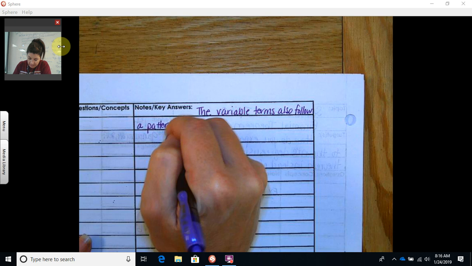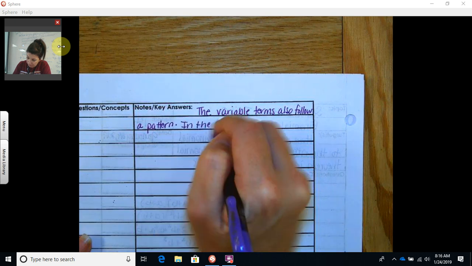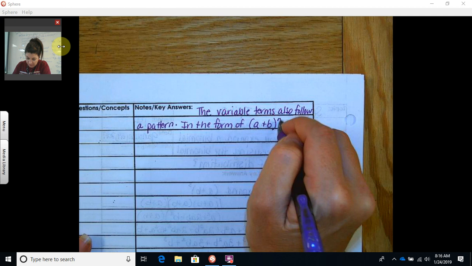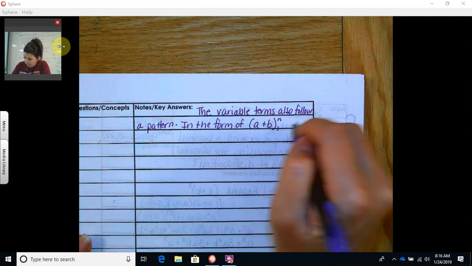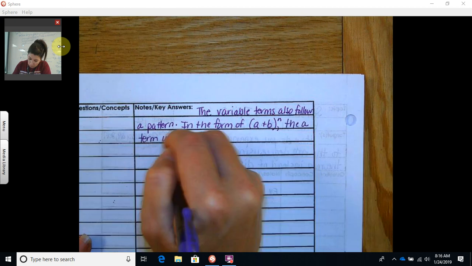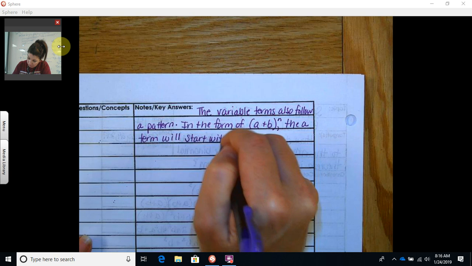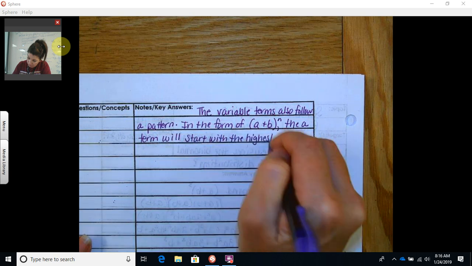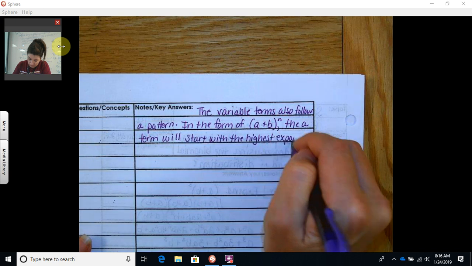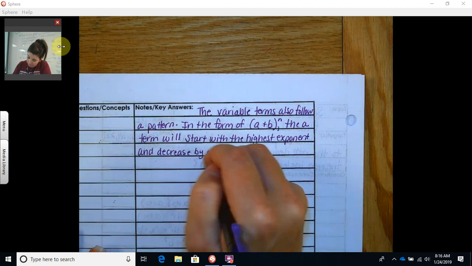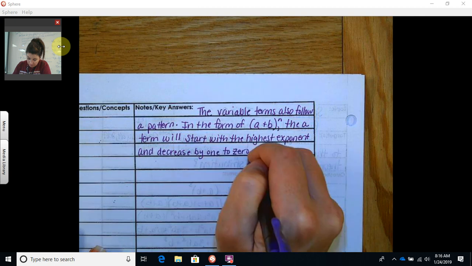In the form of (a + b) raised to the nth power, the a term will start with the highest exponent and decrease by 1 to 0 on the last term.